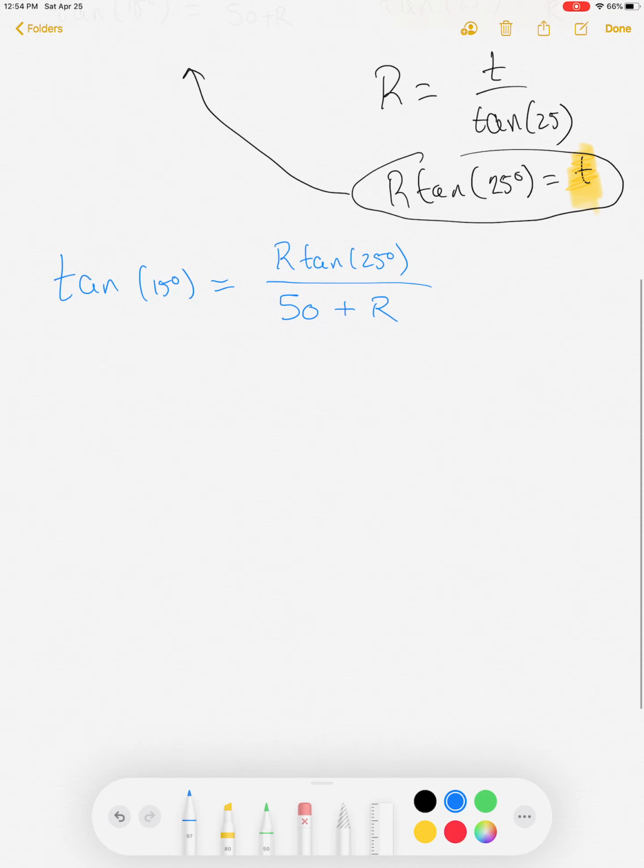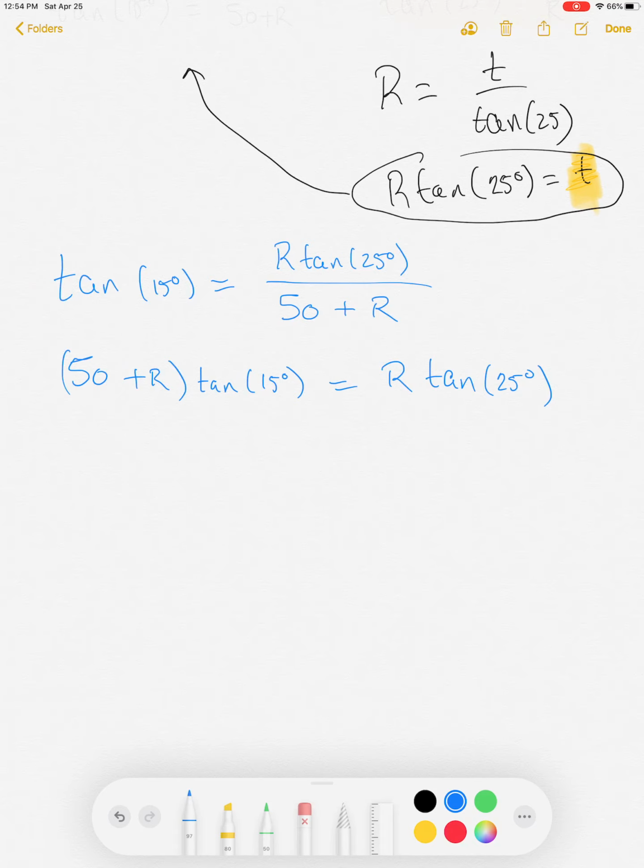That's the question, because R is the width of the river. So I have 50 plus R. I'm going to multiply that by the tangent of 15 degrees, and that's equal to R times the tangent of 25 degrees. And how did I do that? Well, I took this 50 plus R and I multiplied to both sides. And don't forget the parentheses on the left-hand side there.